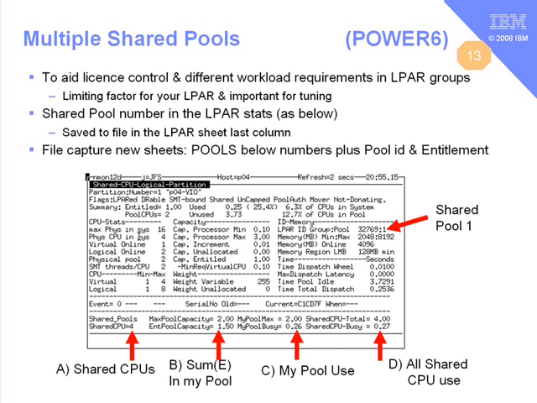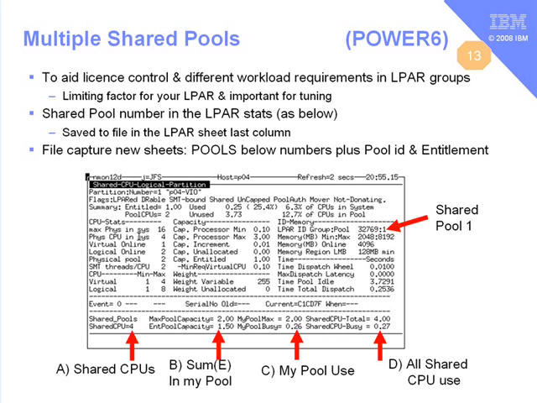This means that we can guarantee that we're legal and above board with our licenses, but at any one time the CPUs can actually be moved between those logical partitions on demand and as needed. There's another reason for using multiple shared pools, and again this is for performance control.